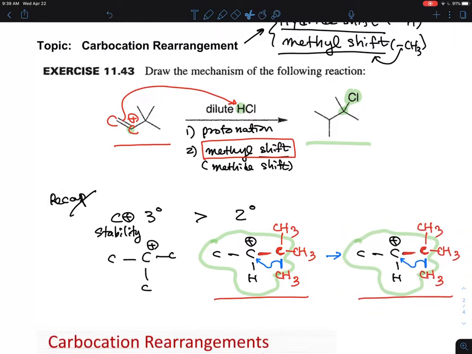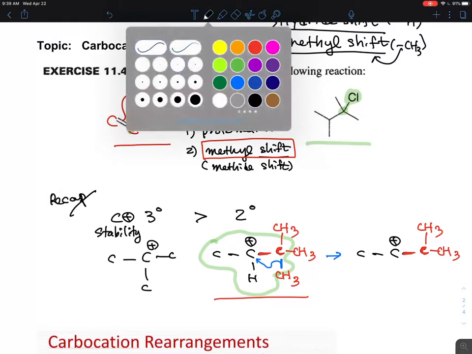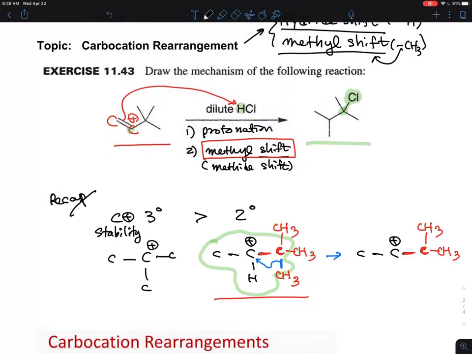And then what's going to happen is, let me just delete this portion. Okay. So I'm keeping things pretty much the same, but because of the methyl shift, this hydrogen goes there, and then a new bond was formed here with a CH3 from your neighbor.